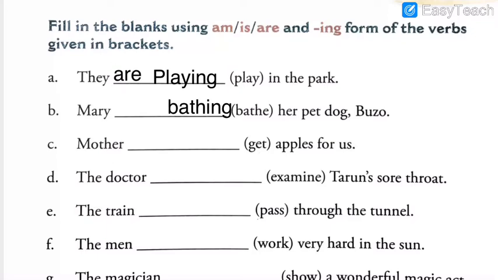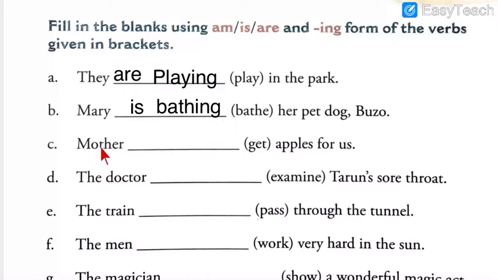Am you will only use whenever you see I in the starting. So you have to select is or are. Which will you select? Mary is? Yes, because Mary is a singular noun, so we will use is. Mary is bathing her pet dog Buzo.